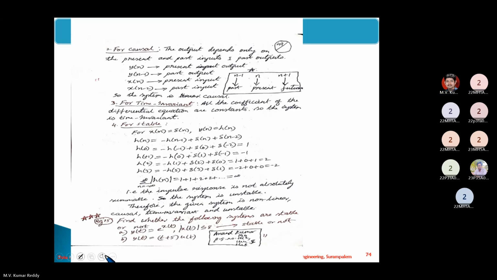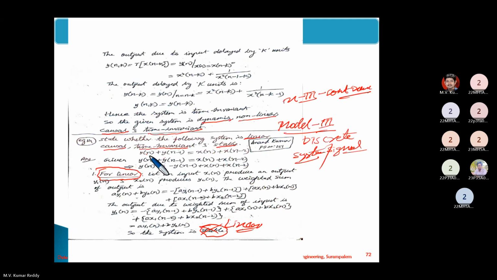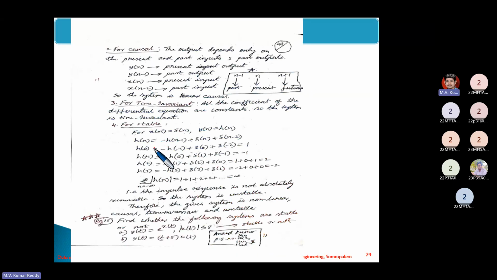Now look, what is the given question here? y of n minus 1 here. y of n is equal to minus y of n minus 1 plus x of n plus x of n minus 2.